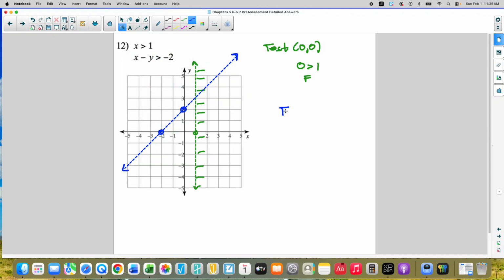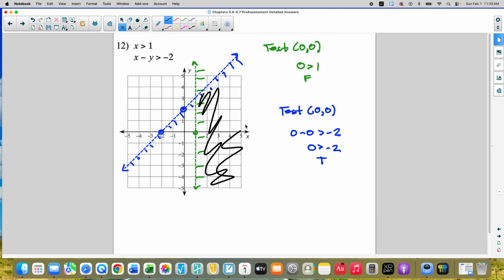Let's test. 0, 0: is 0 minus 0 greater than -2? Is 0 greater than -2? That's true. So we'll shade towards 0, 0. And where does it overlap? It overlaps in this area; these are my solutions.